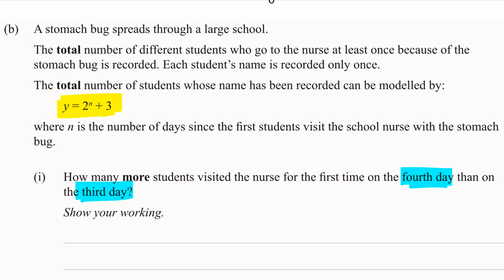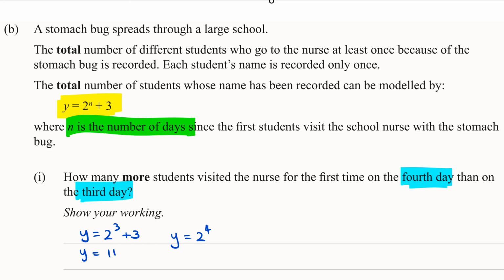Now, it also says that n here is the number of days. So my first number is going to be y is equal to 2 to the power of 3 plus 3, which means I'm going to get 8 plus 3, which equals 11. That's for the 3rd day. And then for the 4th day, I'm going to get y equals 2 to the power of 4 plus 3. So 2 to the power of 4 is 16, plus 3 is 19.